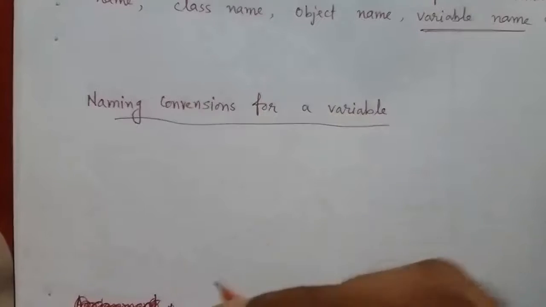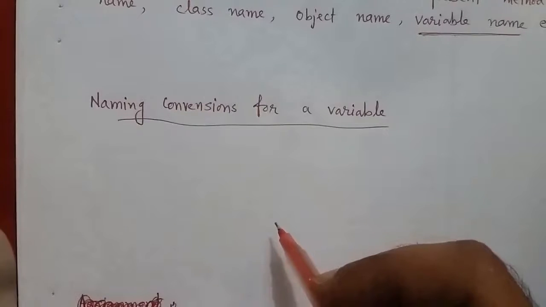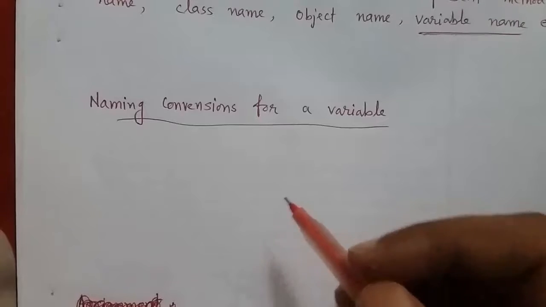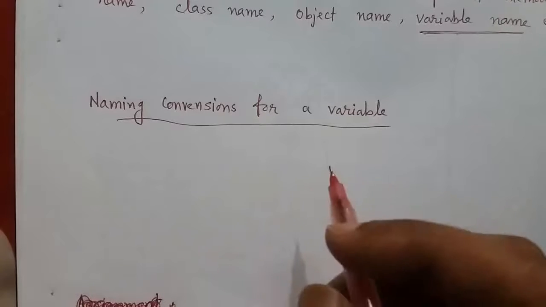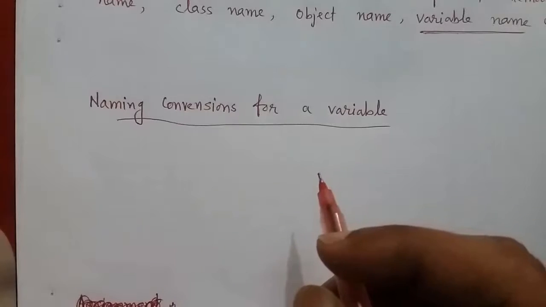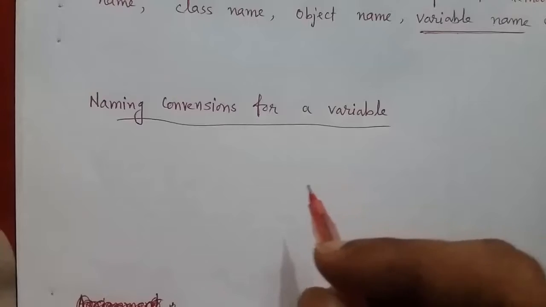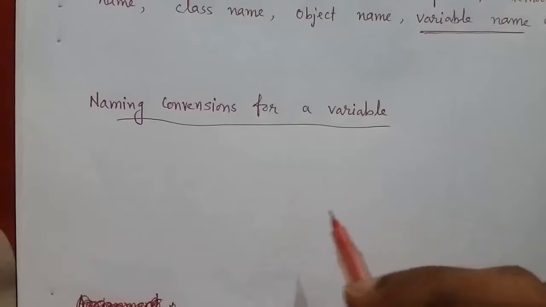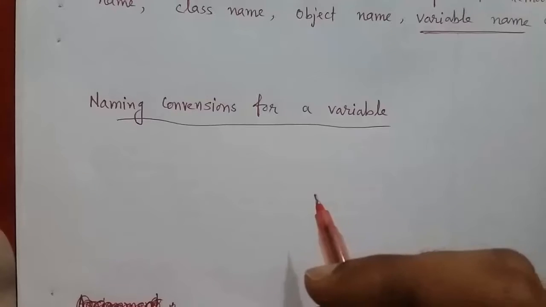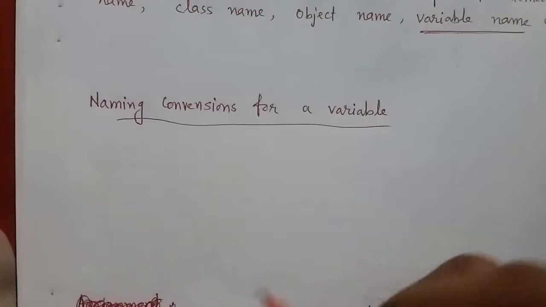The variable name will contain alphabets, digits, dollar sign and underscore, but you have to be careful that a variable name must start with an alphabet. It will be better if you start a variable name with an alphabet, and do not start a variable with a digit. The underscore can be used in between the characters to separate the words of a variable name.